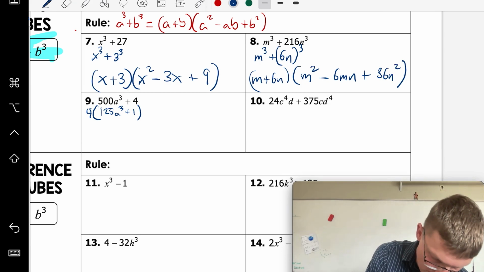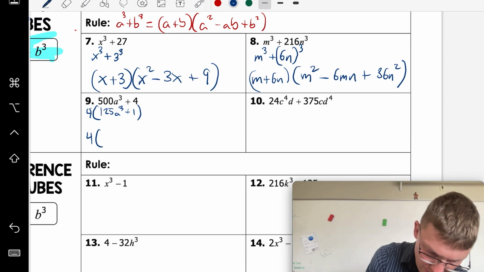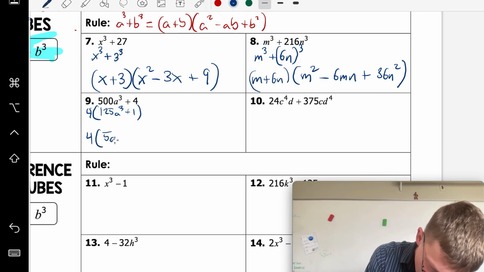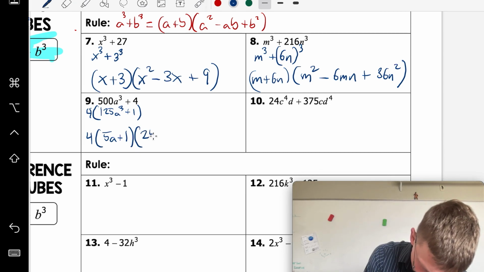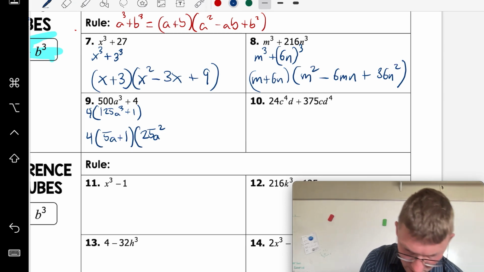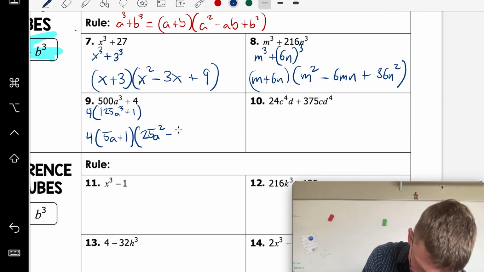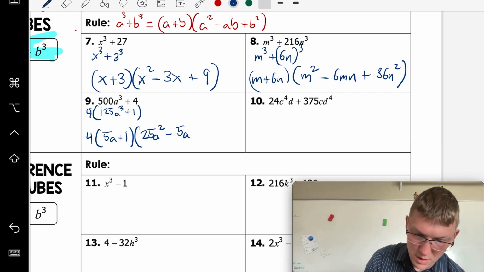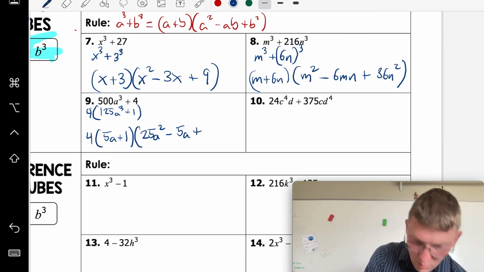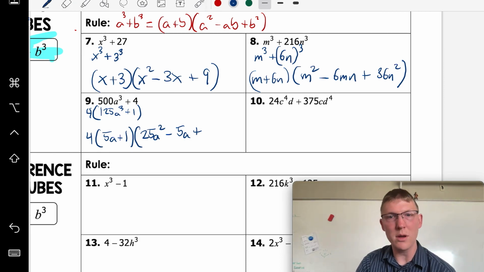We've got our 4 on the outside, and then we've got a plus b, 5a plus b, times a squared, 25a squared, minus ab, minus 5a times 1, okay, great, plus b squared, b in this case is 1, 1 squared is just 1.